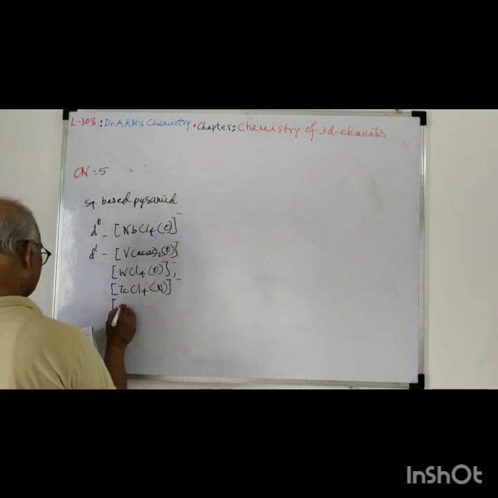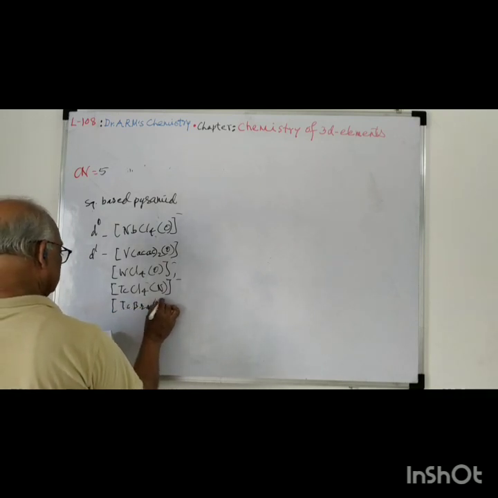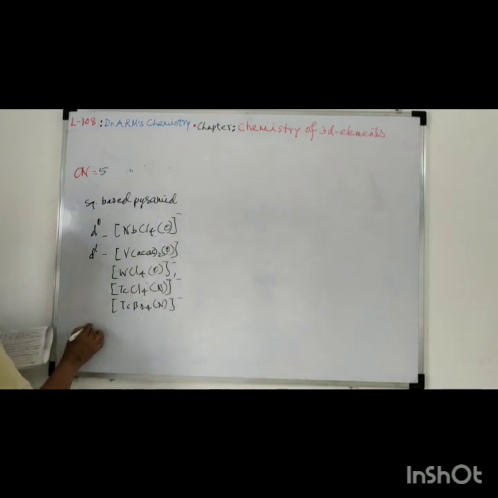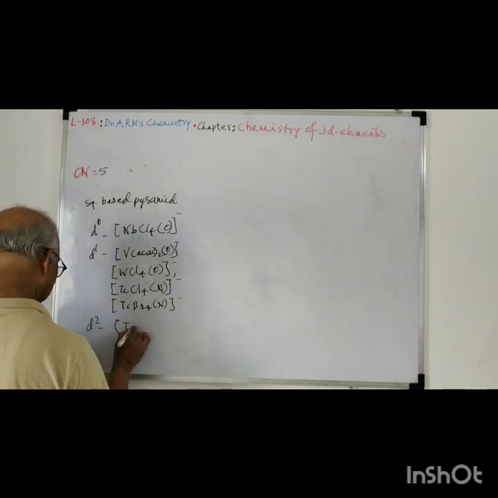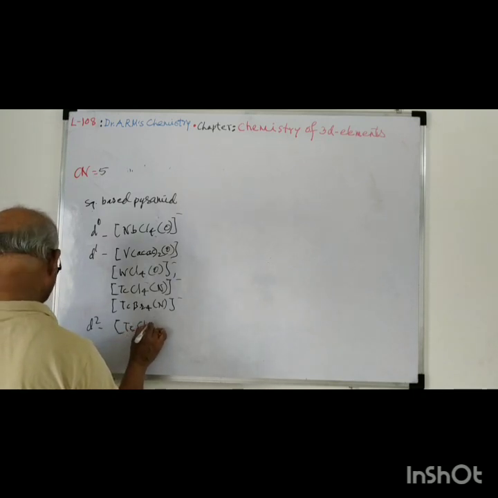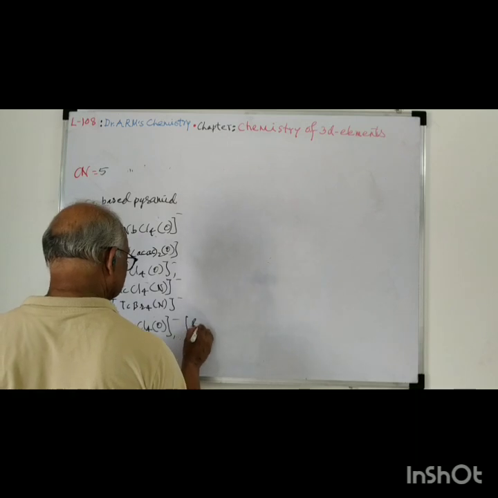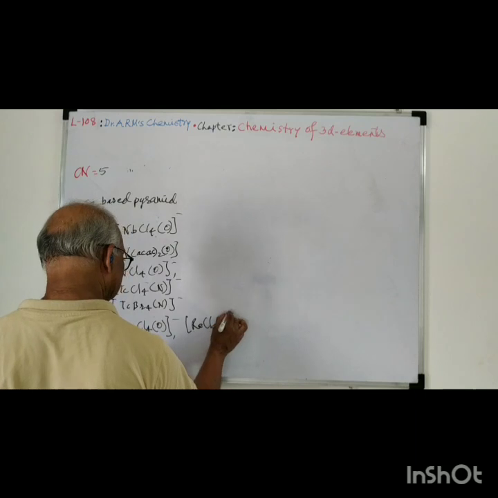Then TcBr4N minus. Then the d2 configuration has this example, TcCl4 N minus, and Re, rhenium Cl4 N also.